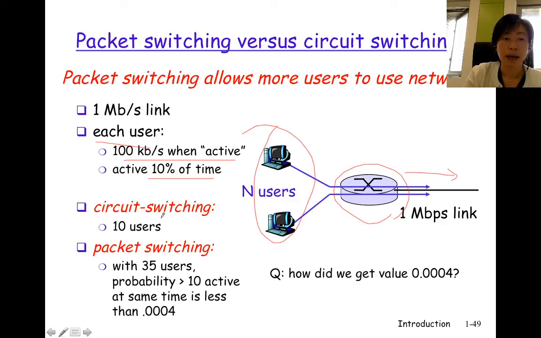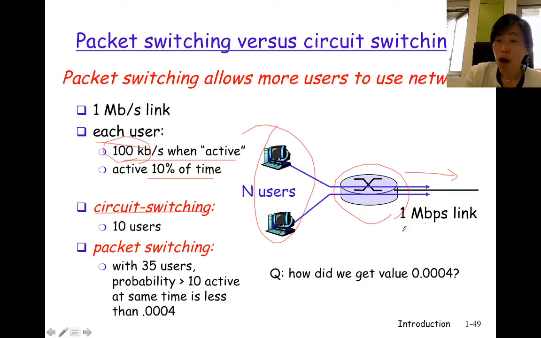Now, in a circuit switching network, how many users can we satisfy? Think. In a circuit switched network, we need to set up resource ahead of time to satisfy each user, and the demand is 100 kilobits per second.